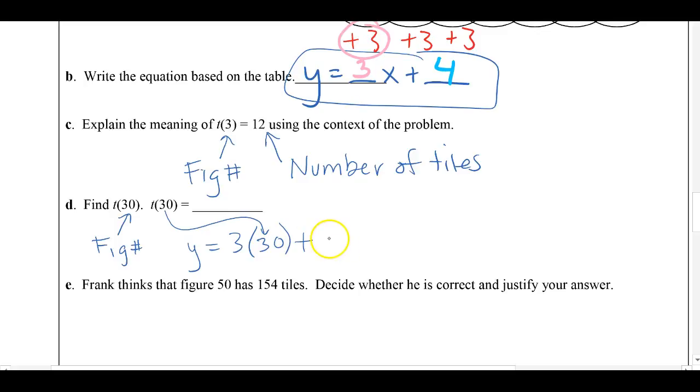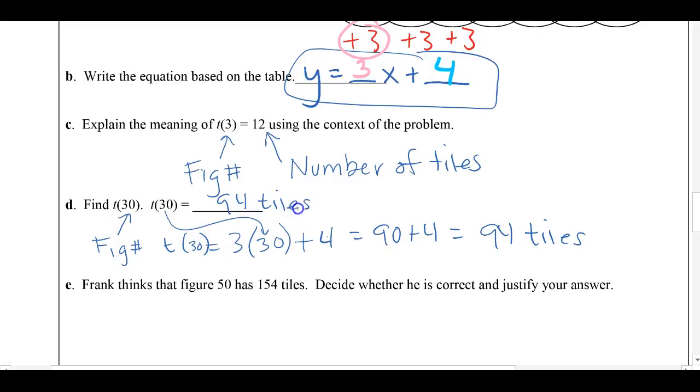Actually, let's write it like this, t of 30, because that's what we're looking for, equals 3 times 30 plus 4. First we do 3 times 30, which is 90, plus 4 is 94 tiles. And you can put that here for your answer, 94 tiles.